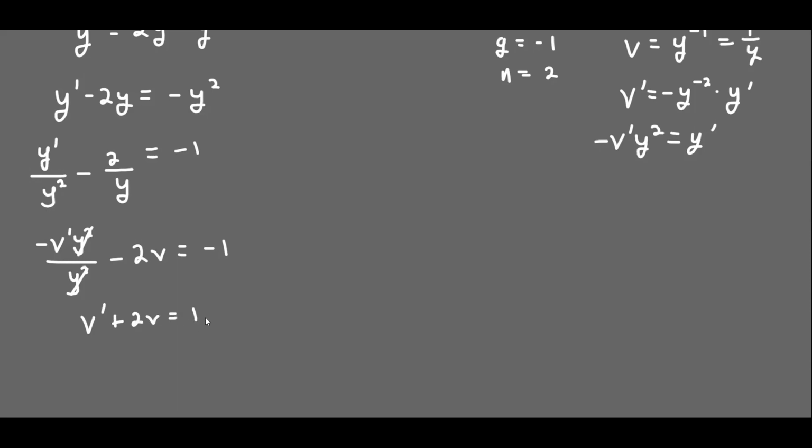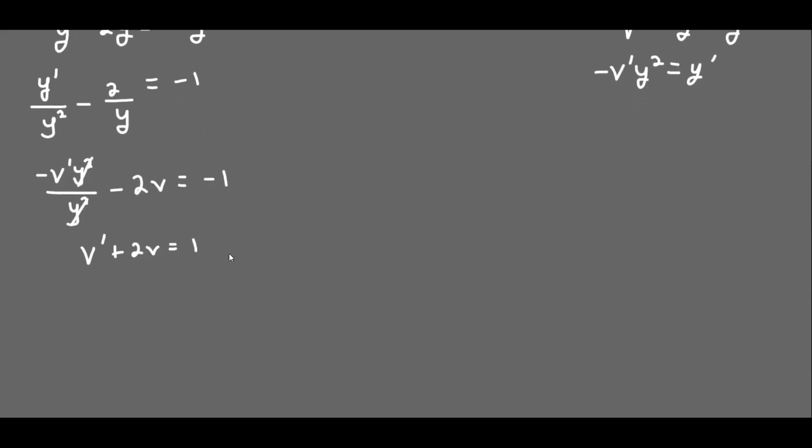And now it's a very simple linear equation that we can solve using our methods from earlier. So we're going to use the integrating factor, right? So the integrating factor would be e to the 2t. So we're using t as our independent variable, but you could use x, like I said. We're going to multiply both sides by that.